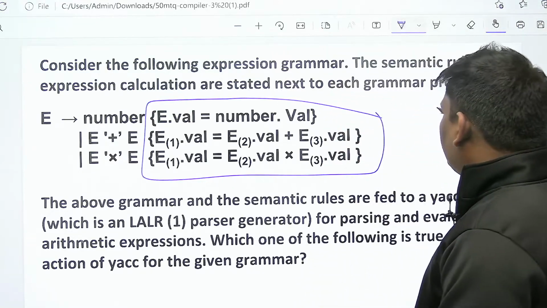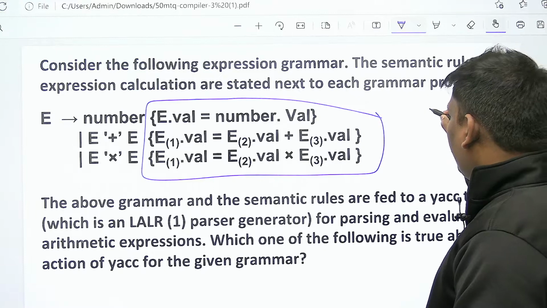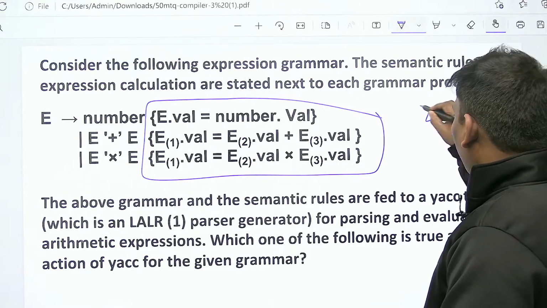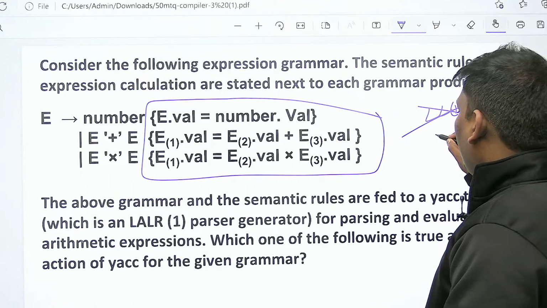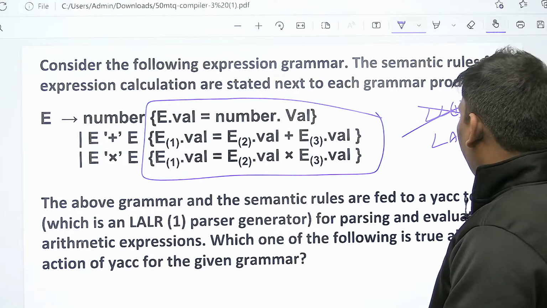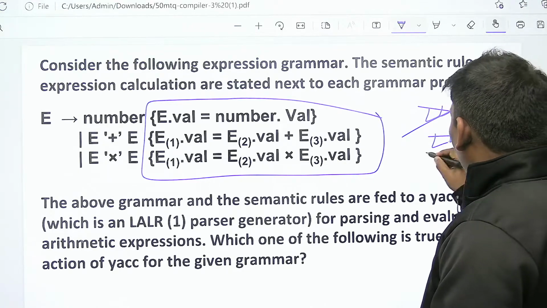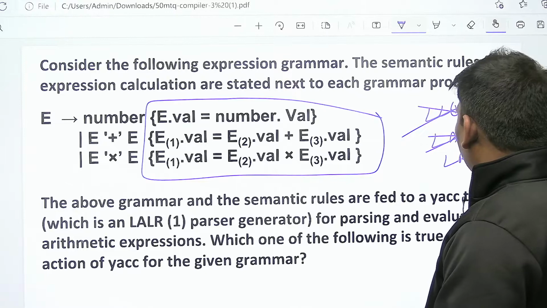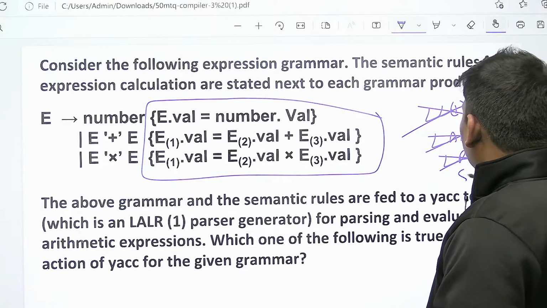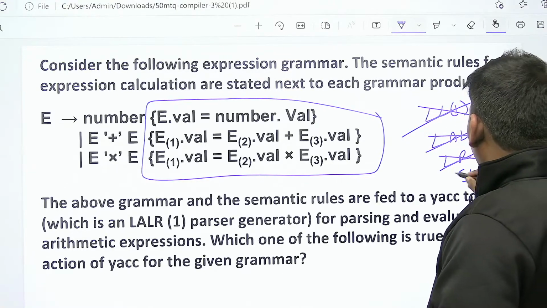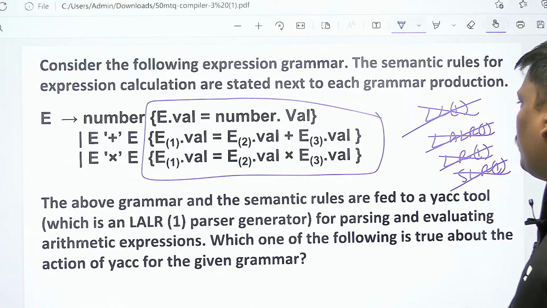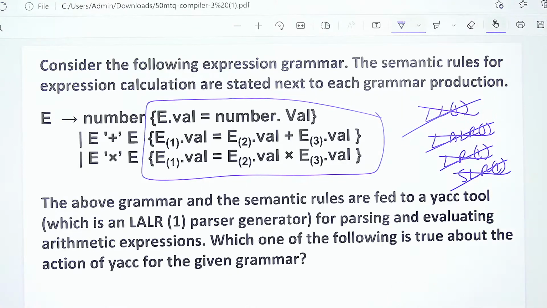Listen, whenever it is an ambiguous grammar, this grammar can never be LL1. Ambiguous grammar can never be LALR1, can never be LR1, SLR1 also. Ambiguous grammar cannot be LL1, LALR1, LR1, or SLR1.